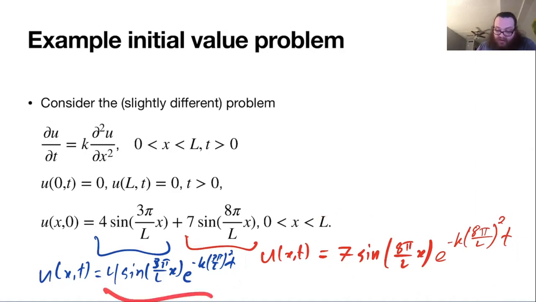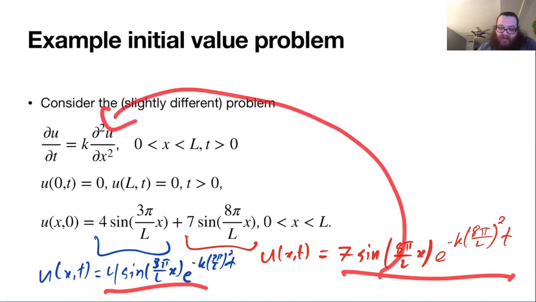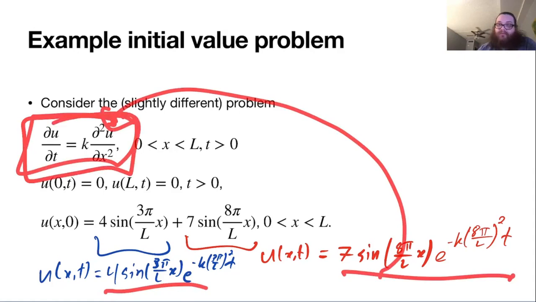If you take this plus this, and plug it in here, really what we're working with is the heat operator, which we saw was linear. And so if you add two solutions to this linear homogeneous PDE, you're going to get a new solution to that linear homogeneous PDE. So that sum is going to solve this.